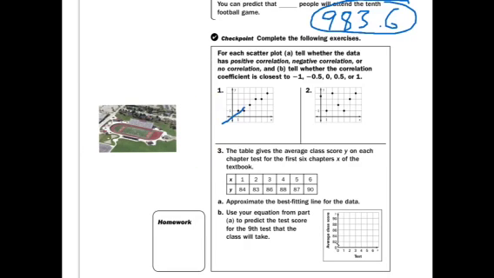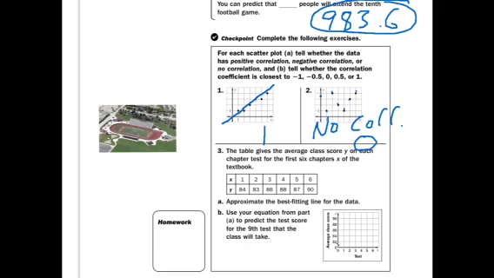Hopefully you saw that this was a positive correlation, pretty close to 1. And maybe you saw that these dots here had really no correlation at all. I don't see any correlation that I can make positive or negative. And if there's no correlation, it's going to be a 0 correlation coefficient.